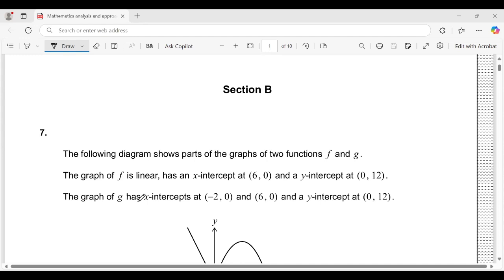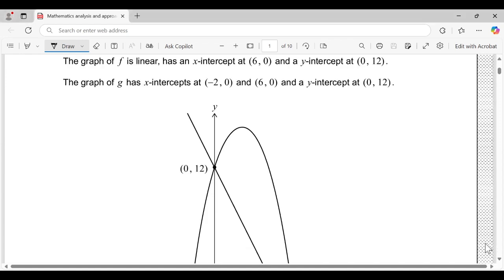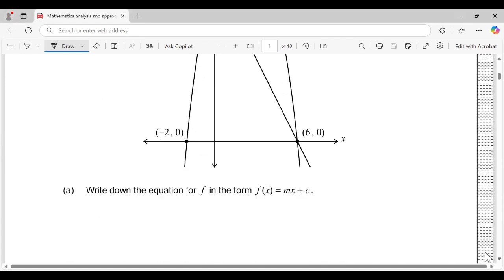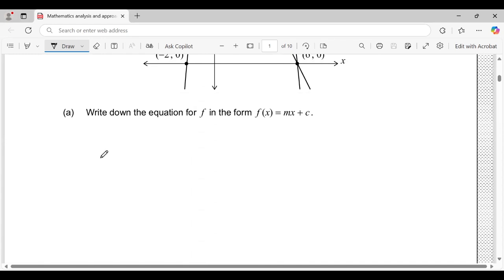The graph of g has x-intercepts at (minus 2, 0) and (6, 0) and a y-intercept at (0, 12). This is the diagram. Write down the equation for f in the form f(x) equals mx plus c.